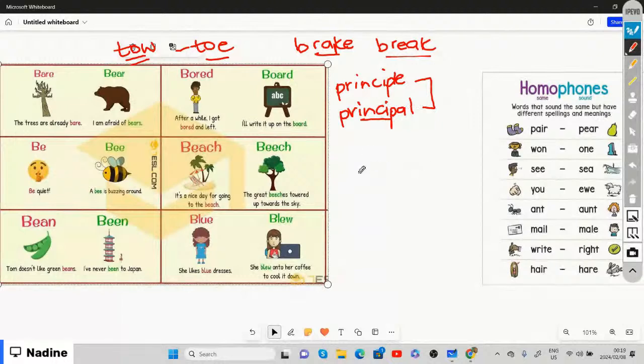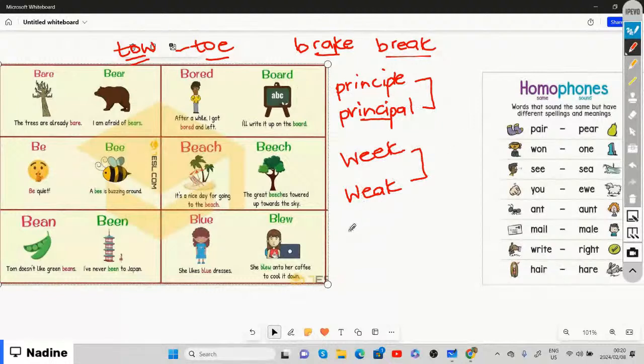Then we have week, spelled WEEK, the days of the week, and weak, spelled WEAK, when you are maybe not feeling well, you're feeling tired, you just want to lay down. You're energyless.